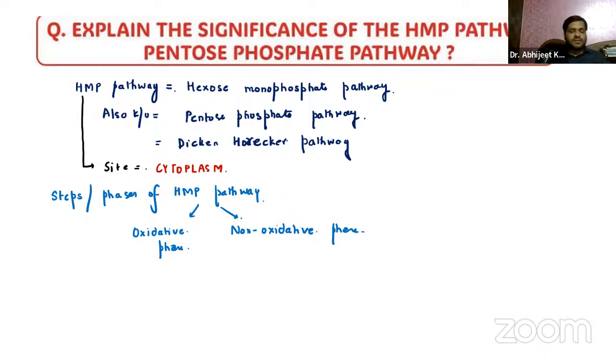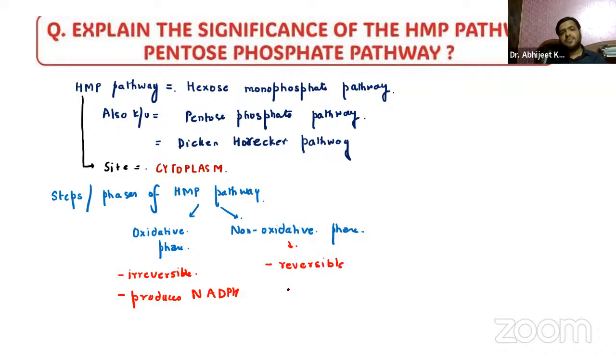In the oxidative phase, remember that this phase is irreversible and it produces the major source of NADPH, nicotinamide adenine dinucleotide phosphate hydrogen. The non-oxidative phase is reversible and it produces pentoses.